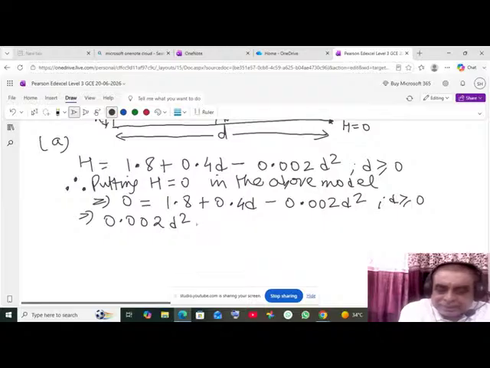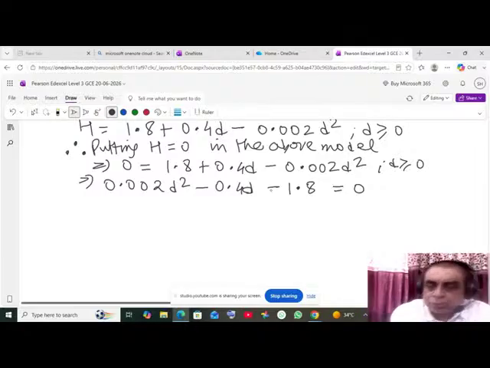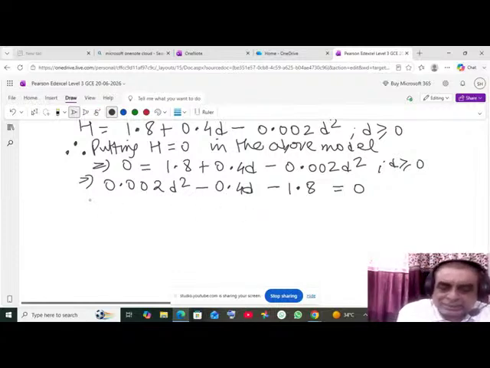Then the d term, 0.4d, plus coming to the left will become minus, and plus 1.8 coming to the left will be minus 1.8, equals 0. Now this is the quadratic equation. Either you may solve this directly or remove the decimal point from all the coefficients. We are doing it directly.